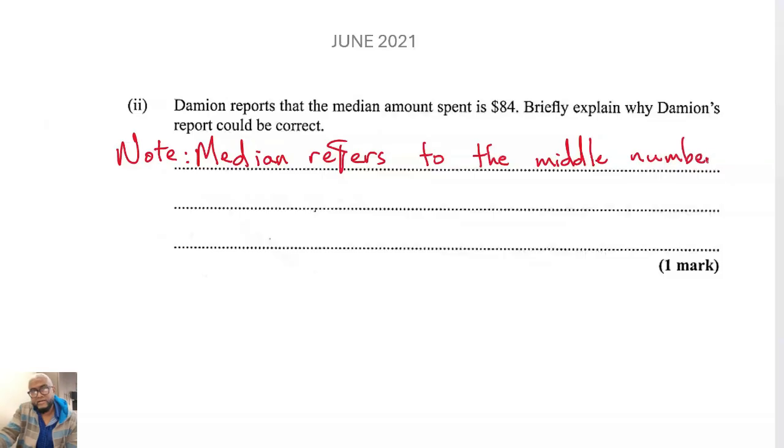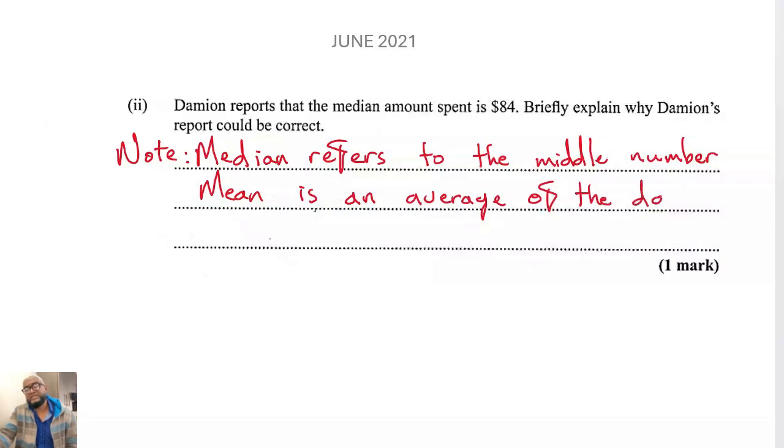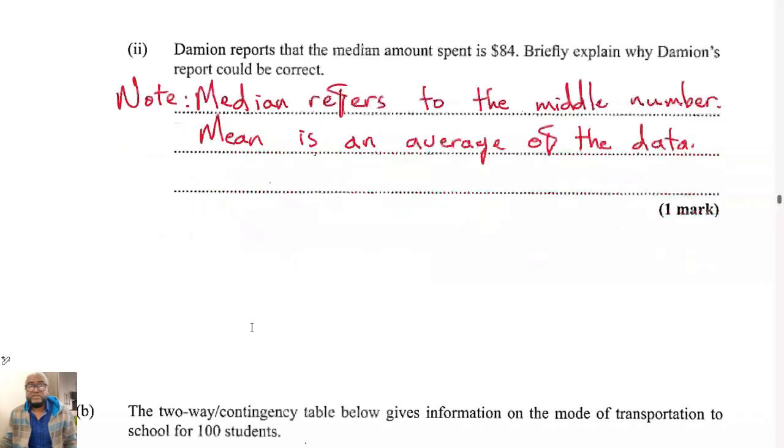By the way, I'll write it right here from above. Mean is an average of the data. I didn't write it above, but just write it here one time. It's a note, right? So median refers to the middle number. Mean is an average of the data, right? So we're dealing with median now.